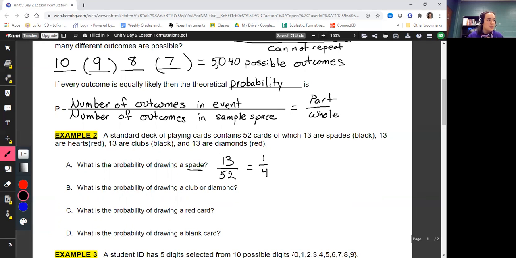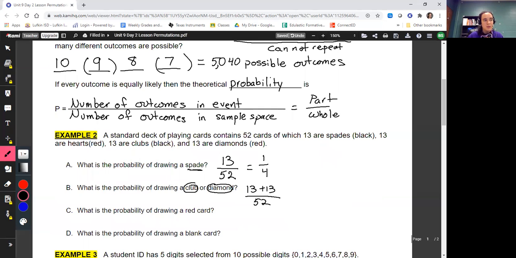Next up, what is the probability of drawing a club or a diamond? So clubs, we have 13 of them. Diamonds, we also have 13 of them. We're going to add those together over our whole, which is 52.